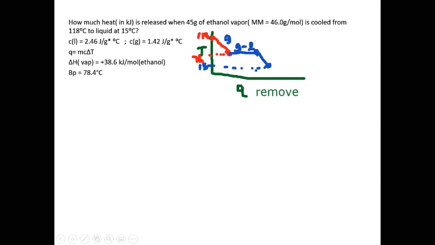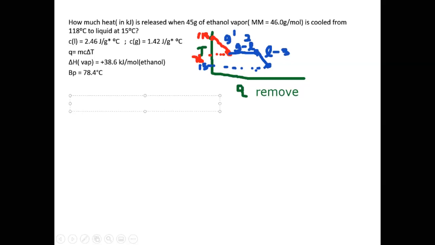And then from 78 to 15 degrees, we're in the liquid phase. So we're going to have three different Qs: Q1 for the gas, Q2 for when we go from a gas to a liquid, and Q3 when we're in the liquid phase. So there are going to be three different Qs we're going to calculate.